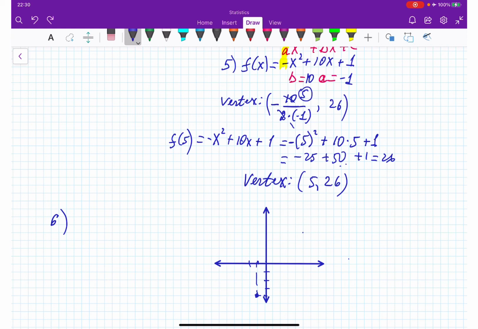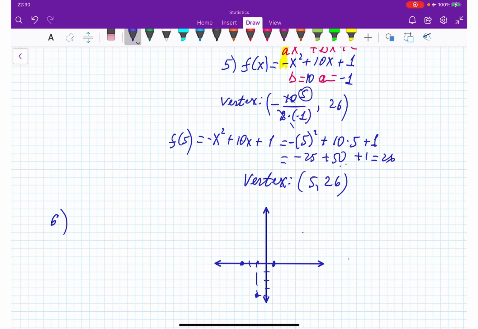Let me see. This is going to be 2, 1, 2.